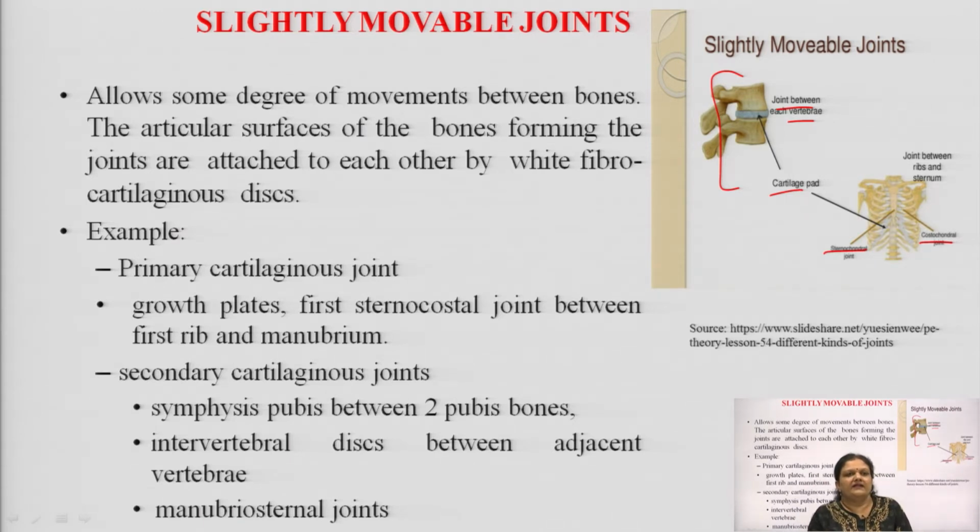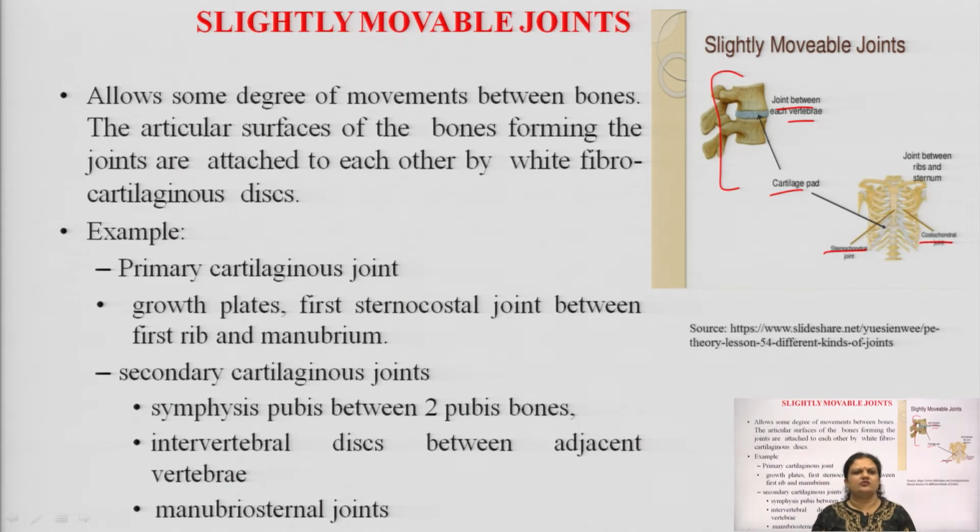For example, the primary cartilaginous joint provides a growth plate, with the help of the first sternocostal joint between the first rib and the manubrium, which is the most superior portion of the sternum before the xiphoid process. So, the primary cartilaginous joint provides growth of the sternum area.